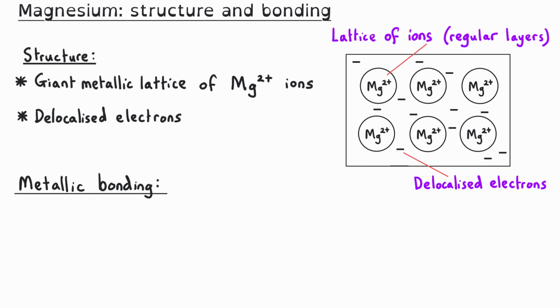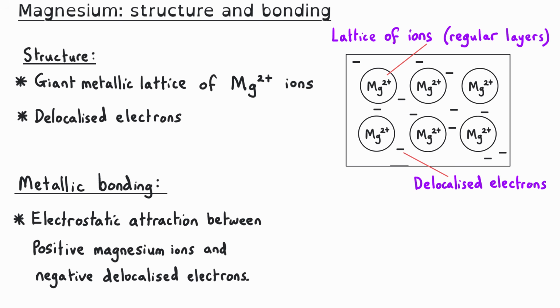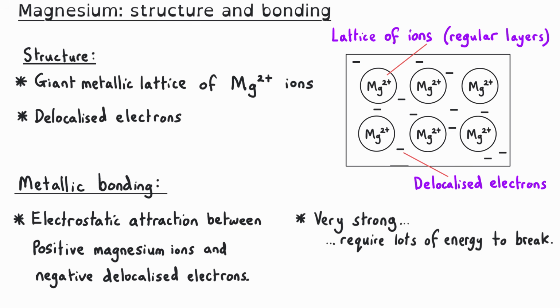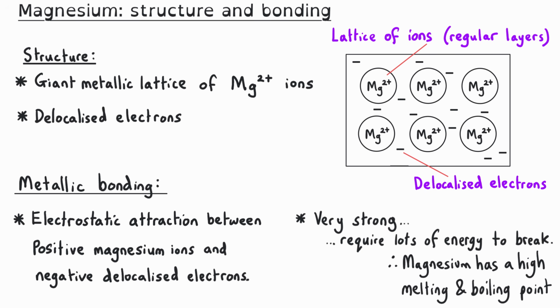And the type of bonding present is metallic bonding, which is the electrostatic attraction between the positive magnesium ions and the negative delocalized electrons. And these attractions are very strong and so require lots of energy to break, which gives metals high melting and boiling points.